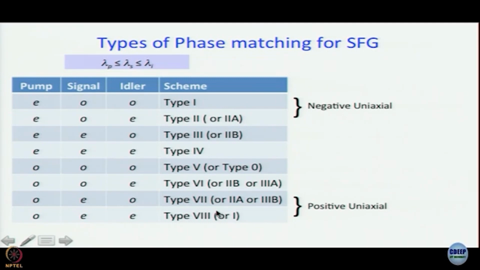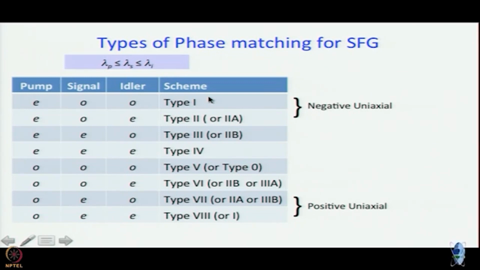And the discussion that we have had so far is actually of type 1 phase matching, right. And will you agree with me if I say that when we talk about second harmonic generation, then it is going to be type 1? I will clarify the statement a little more shortly.